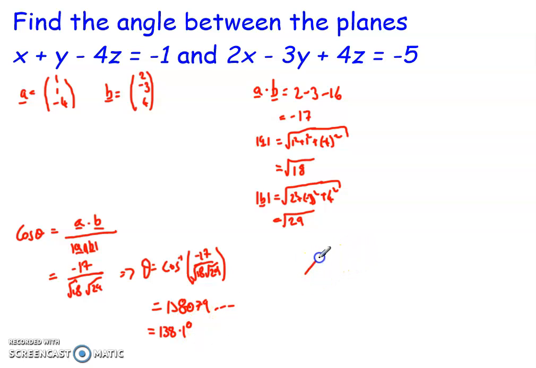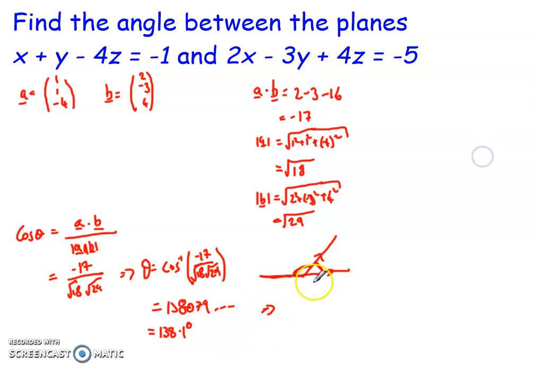Essentially what this means is if this is my vector representing the plane A, and this is the vector representing the plane B, all that it's done is imagined that I've gone a bit further along here with B, and it's calculated the obtuse angle here between the two planes. So if I was asked for the angle between the two planes and to look at the acute angle, I'd have to do 180 take away the angle that we've already calculated.